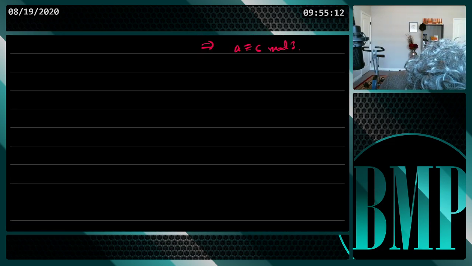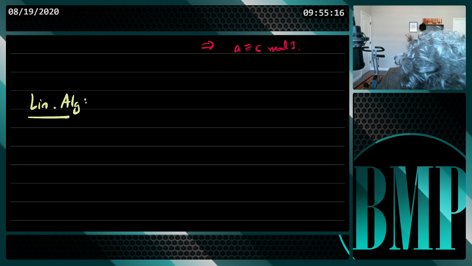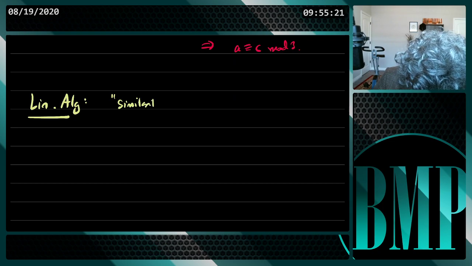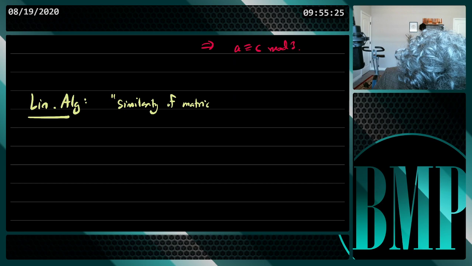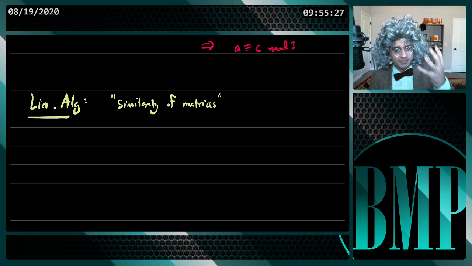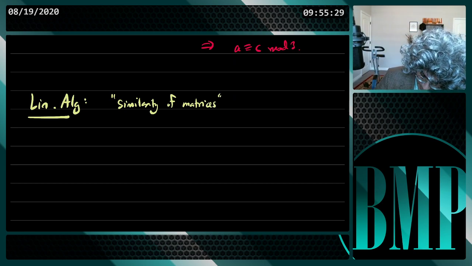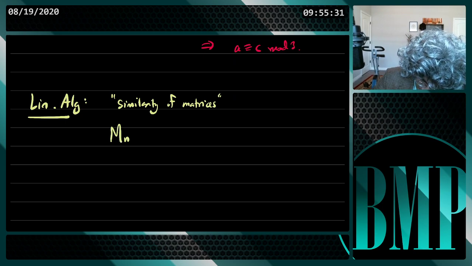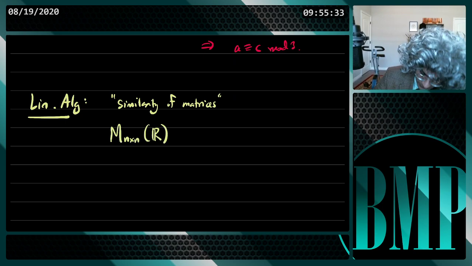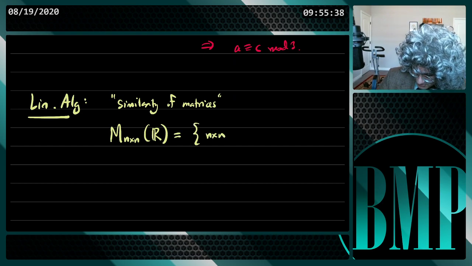Next example, a linear algebra example. This is called similarity of matrices. This is a reminder from linear algebra. So we're going to let M n by n of R, for example, be the set of n by n square matrices with real entries.